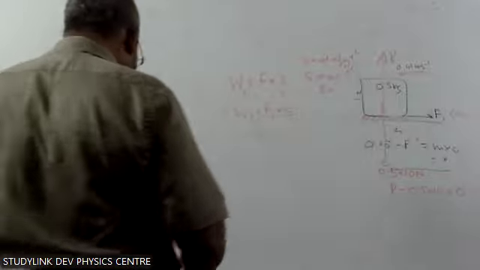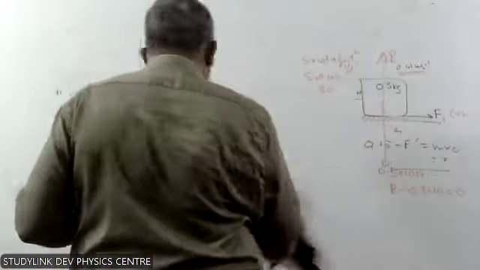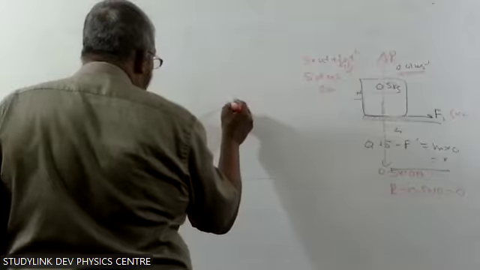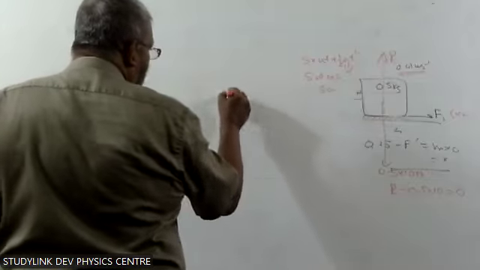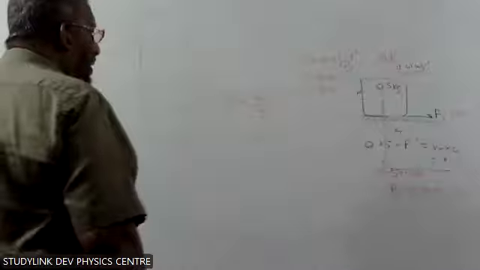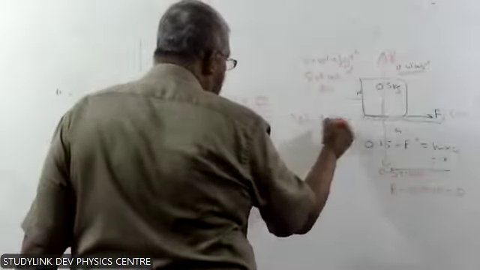That is one method. I'll teach you another method. Second method: rate of work done, that's power. W over T. W is equal to Fs.